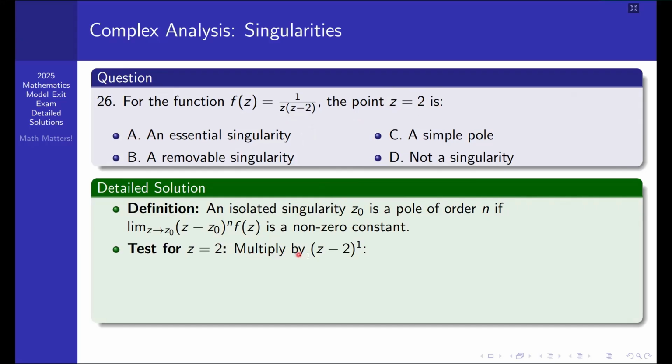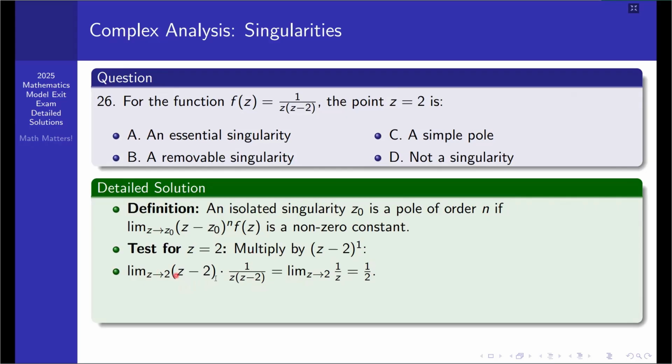If we multiply by z minus 2 to the power of 1, because n here is 1, then we have the limit of z minus 2 times 1 over z times z minus 2, which equals the limit of 1 over z, because z minus 2 cancels. So what's left here is only 1 over z.